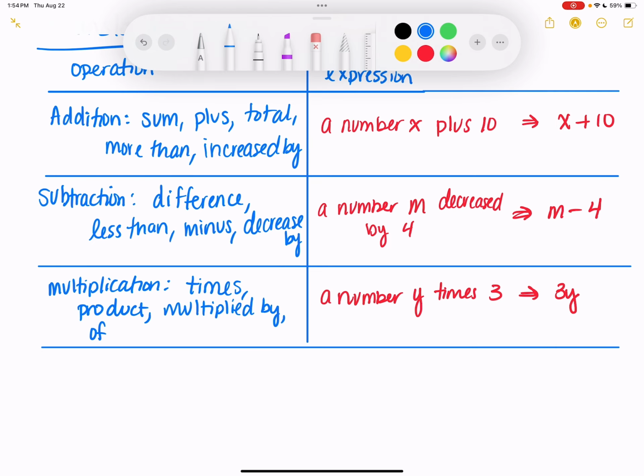And then the last operation that we would have is division.